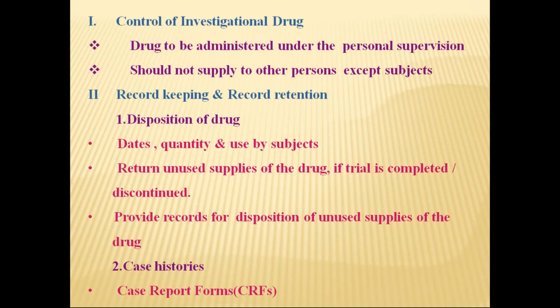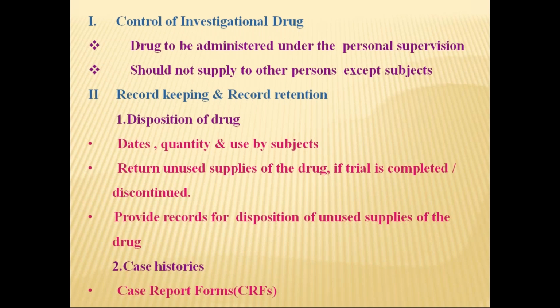So we have record keeping and record retention, like disposition of the drug: how much amount was sent, how much amount was given to the subject, how much amount was used by the subject, and the remaining product will be written.